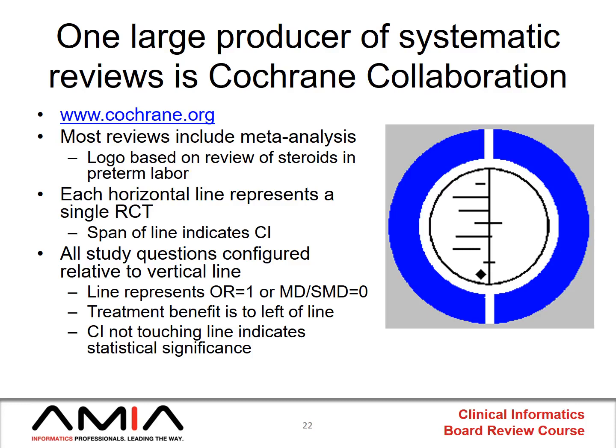The study questions in most Cochrane reviews are configured so that the vertical line represents either odds ratio equals 1 or weighted mean difference equals 0, and anything to the left of the line is a treatment benefit. And if the horizontal line representing the confidence interval doesn't touch the vertical line, then the results are statistically significant.